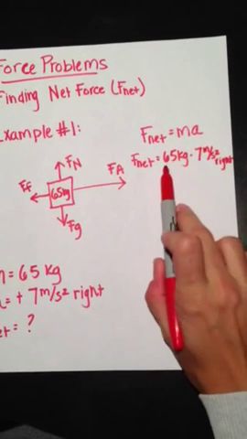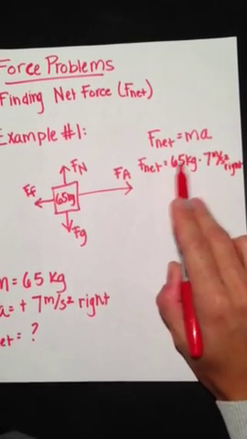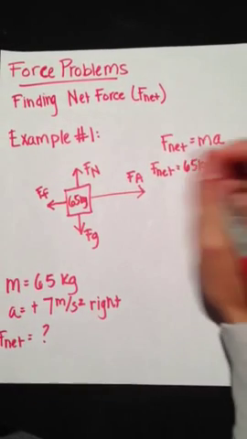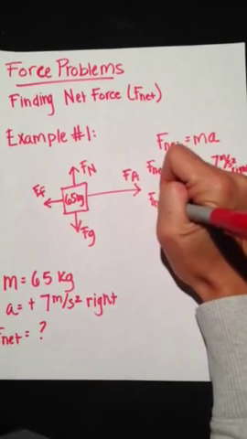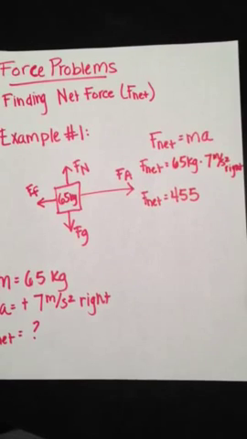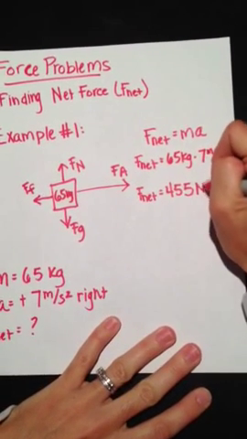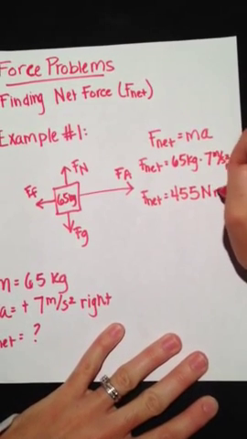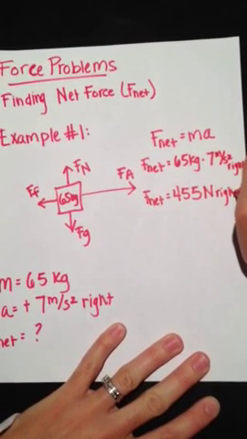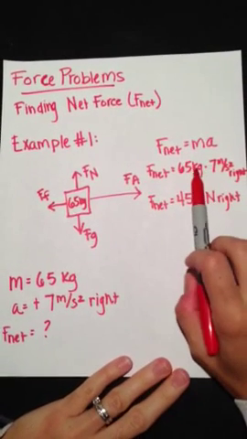Okay, now since I have these two magnitudes, all I have to do is plug 65 times 7 in my calculator, and I should get the magnitude of 455. Now, force is always in newtons, so this should be newtons, and again, it is a vector quantity, so it's to the right.